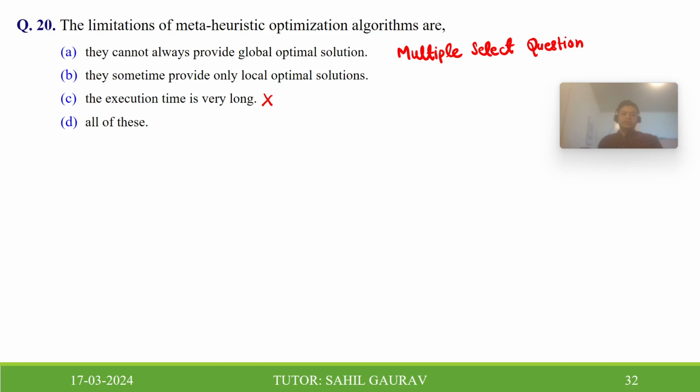It's true that somehow it's long, but it is not always very long, so it is not correct. This one is true, because I told you they may not converge to the optimal solution, so they cannot always provide the global optimal solution. And they sometimes provide only a local optimal solution. This is also true. So these are the limitations of meta-heuristic optimization algorithms.